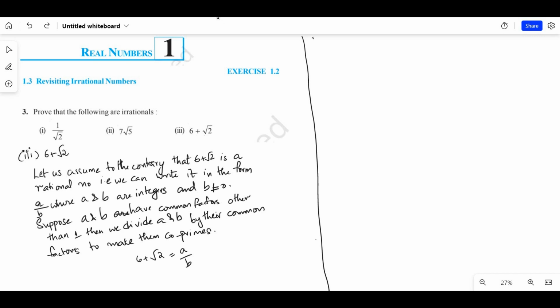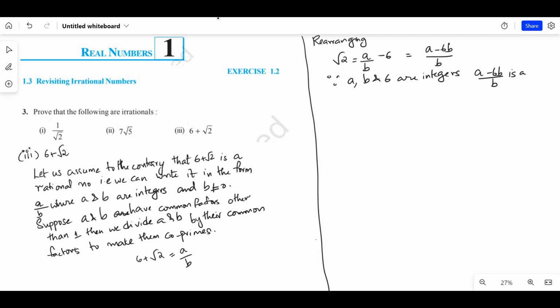So by rearranging, we can keep root 2 in the LHS and take the rest to the RHS. So a by b minus 6, which can be written as a minus 6b by b. Since a, b and 6 are integers, we can say a minus 6b by b is a rational number, which means root 2 is also a rational number.